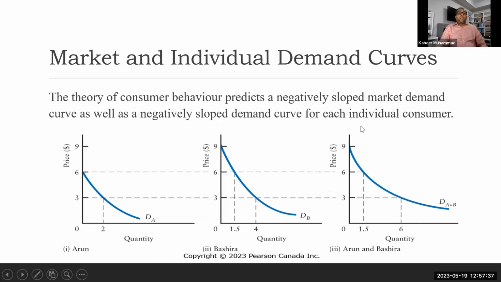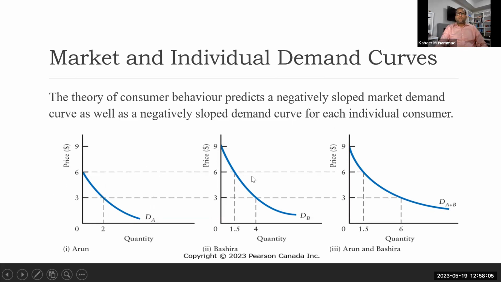If we look again at the demand curves, these are downward sloping demand curves of two different buyers, and how we can get the demand for a market. It's Arun and Bashira, and then this is the demand curve for a whole market by horizontally summing up the demand curves. We see here that if the price is 6, for Arun there's no demand.